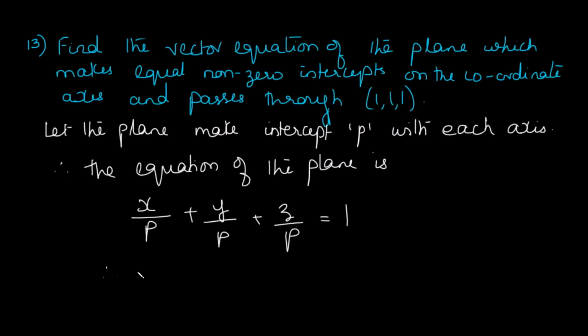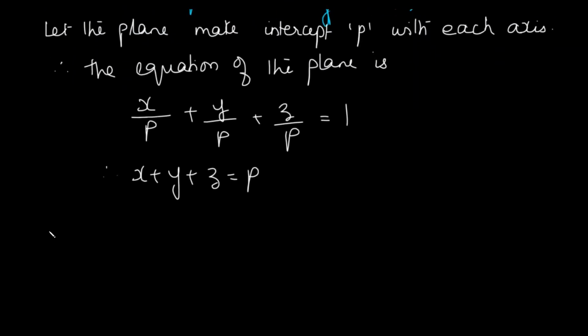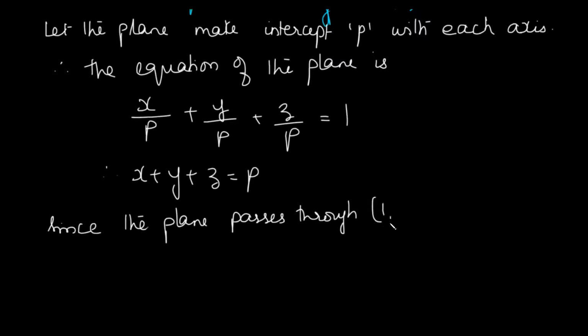Therefore from this we get x plus y plus z is equal to p, and since the plane passes through the point 1, 1, 1, we can put x, y and z as 1, 1, 1 over here.